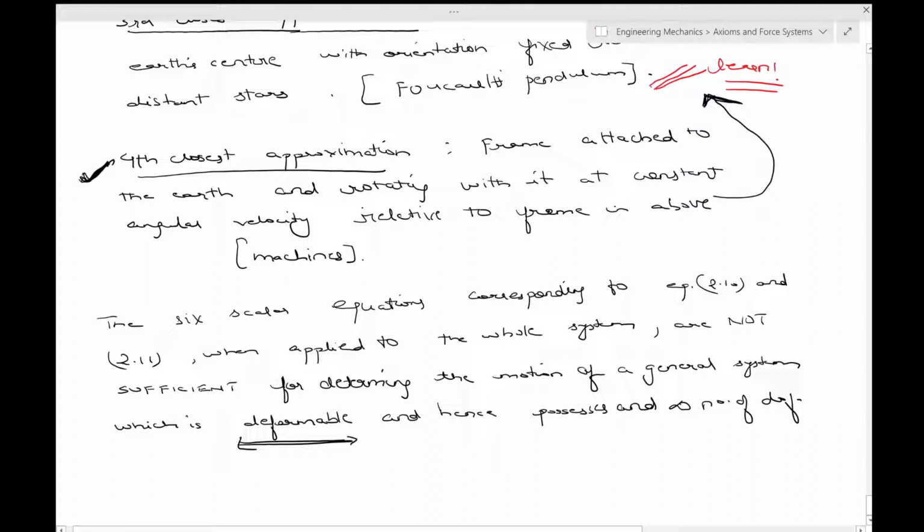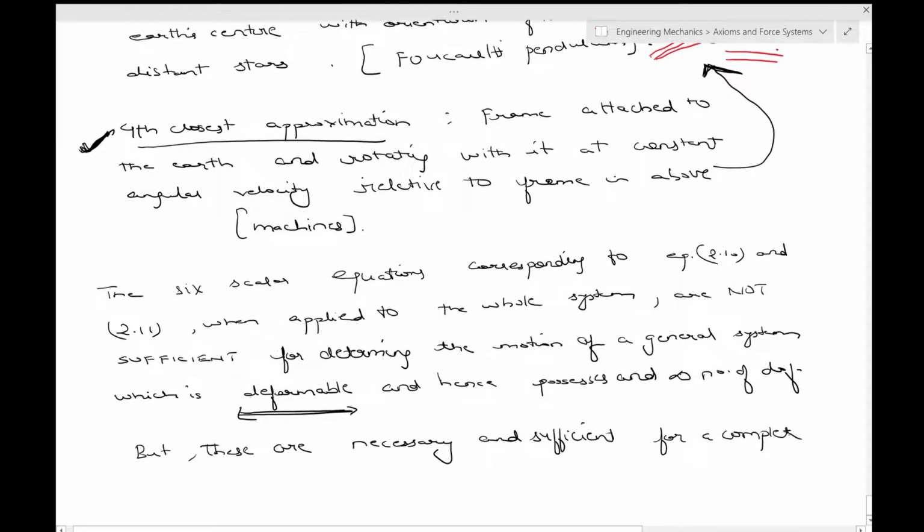Okay, and these 6 equations are necessary and sufficient for a complete determination of the motion of a rigid body.